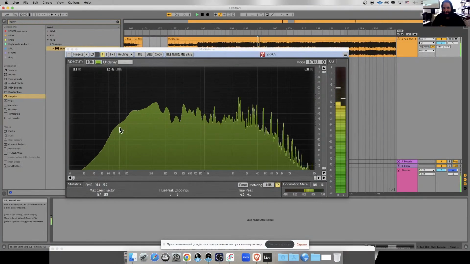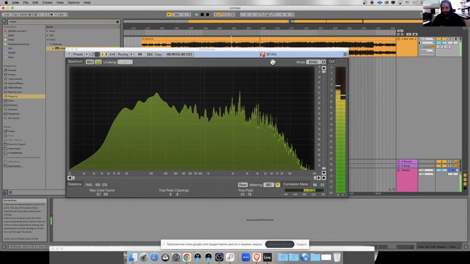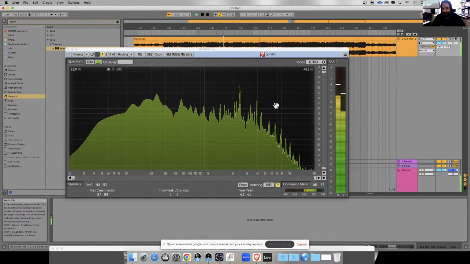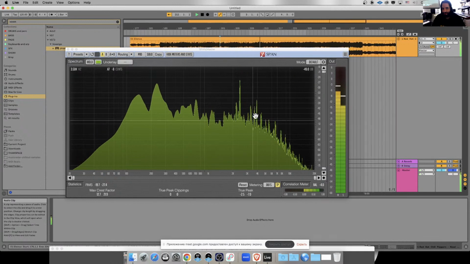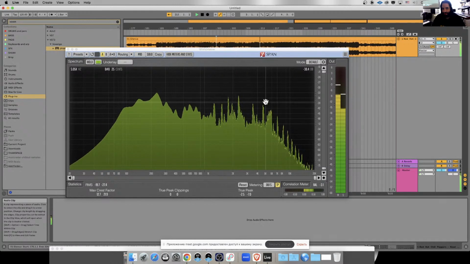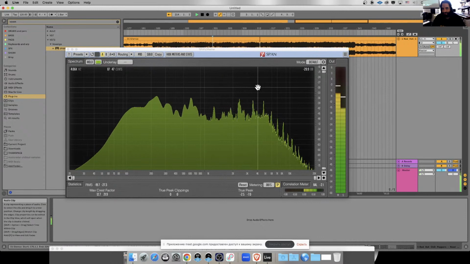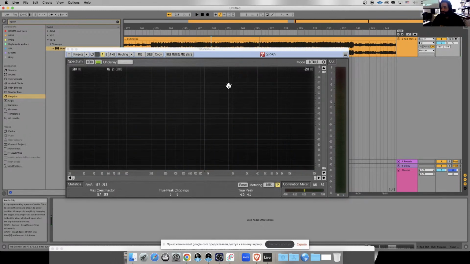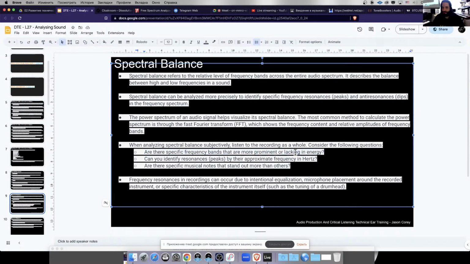I'm joking, but there is practically no low end and no high end. And it's very boxy. It's a very boxy recording or mix. It's very prominent around 600 hertz, 700 hertz. That's how you should be listening.